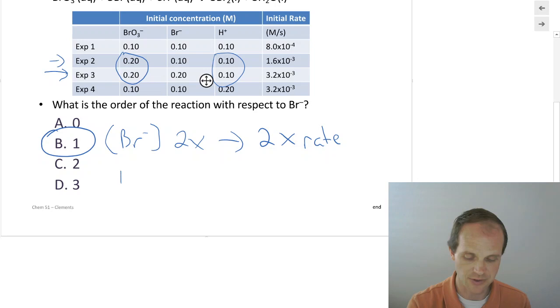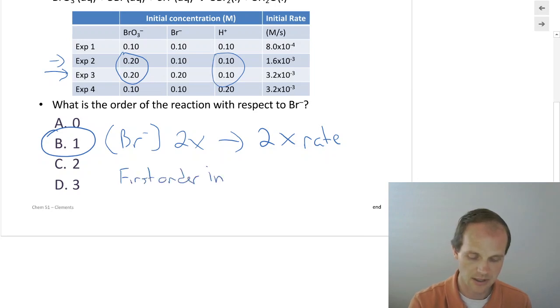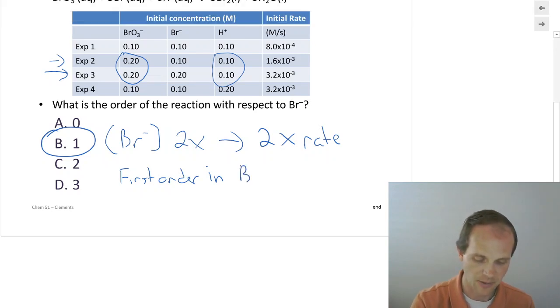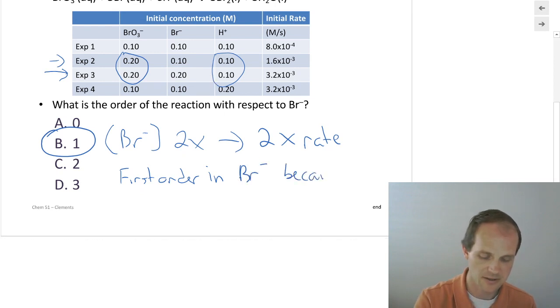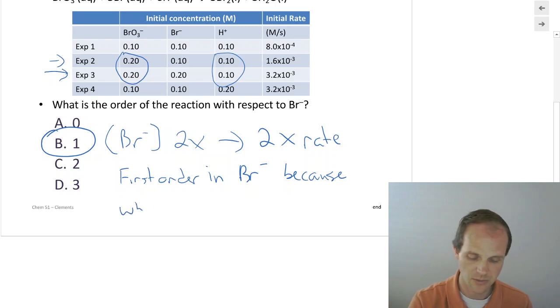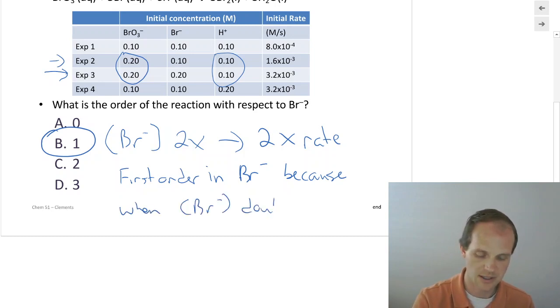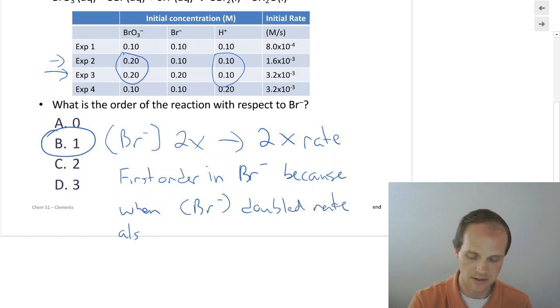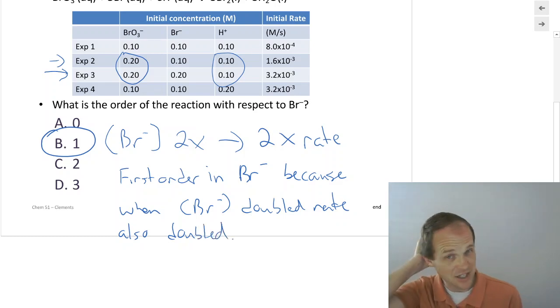You say it is first order in Br minus, because when Br minus doubled, rate also doubled. Pretty simple, one sentence justification.